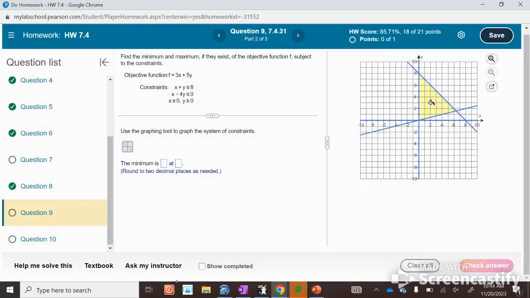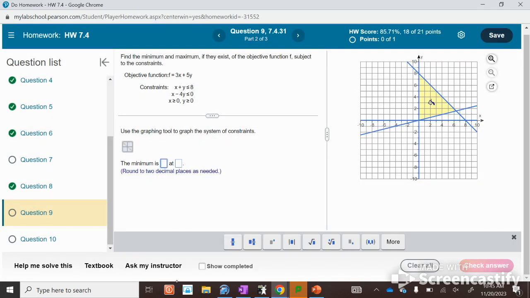And then it asks for the minimum. So we have to try the point where these cross. So if you put 0 and 0 into this objective function, because that's where they cross, (0, 0) gives me a 0.